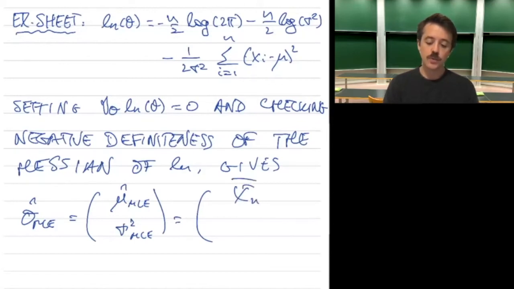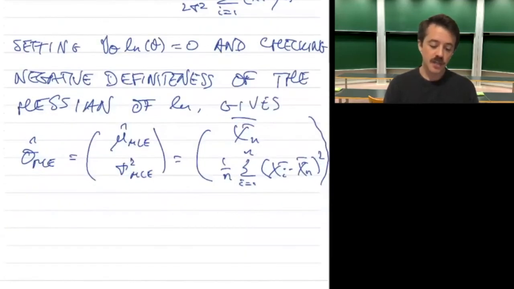I will define this quantity in a second, but these are given by these, with the sum of (xi minus xn bar) squared. So what is this xn bar? xn bar is simply the sample mean, 1/n of the sum of the samples.